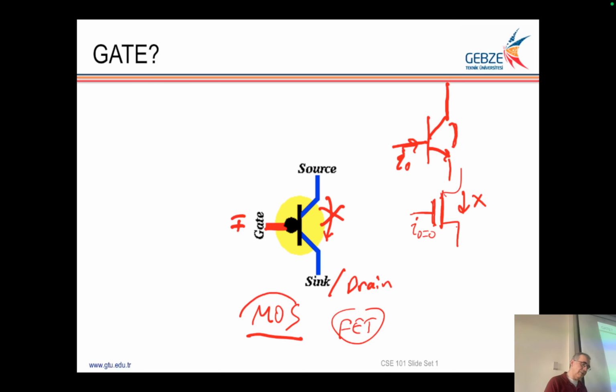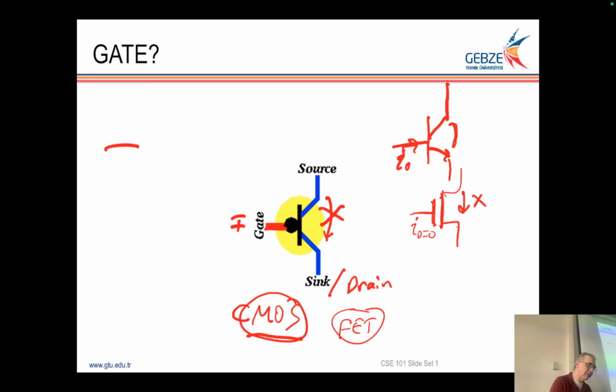Metal oxide semiconductor is a type of field effect transistor, and when you use them in couple without resistor, it means complementary metal oxide semiconductor.